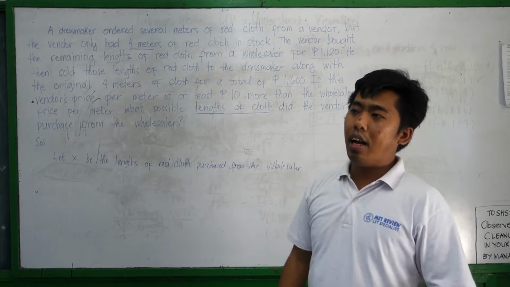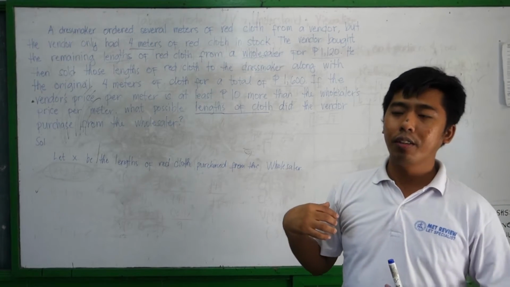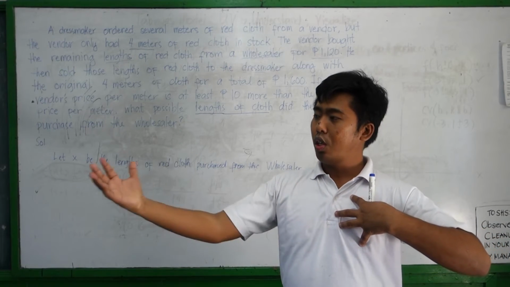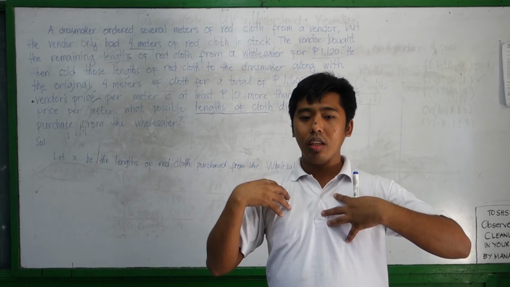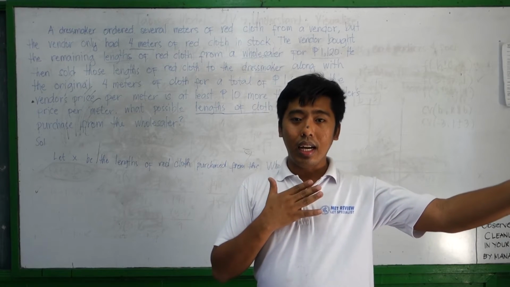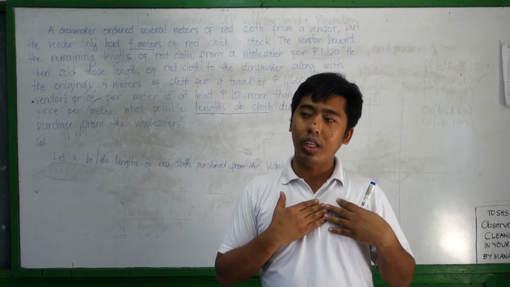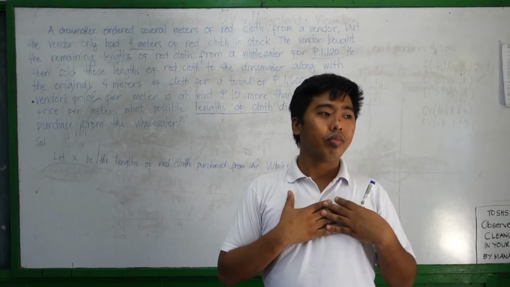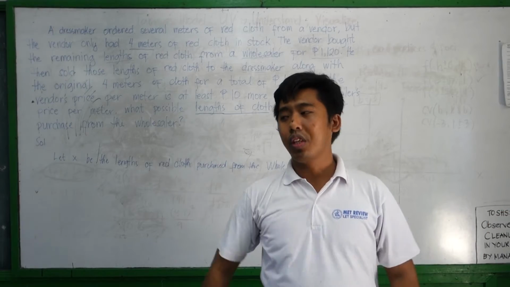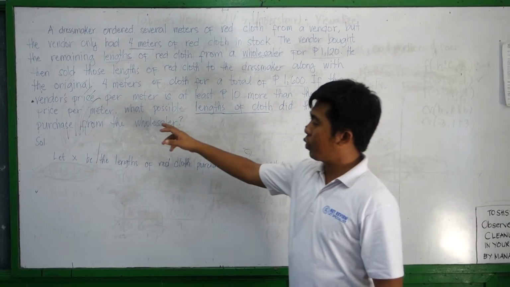So meaning, what he bought from the wholesaler, he then sold to the dressmaker. At least 10 pesos is the profit he receives after selling to the dressmaker. So that is the meaning: more than the wholesaler price per meter.